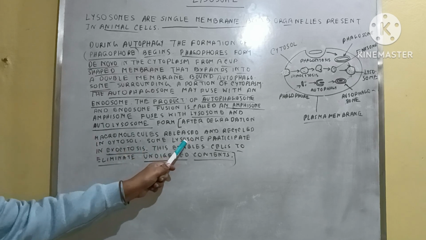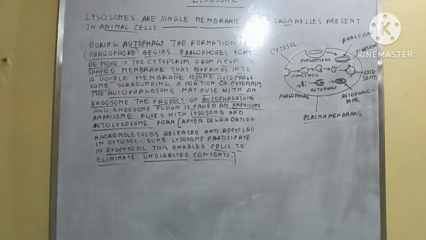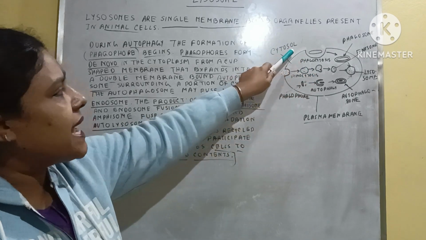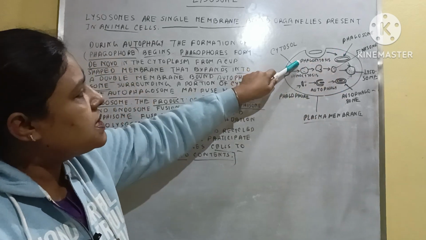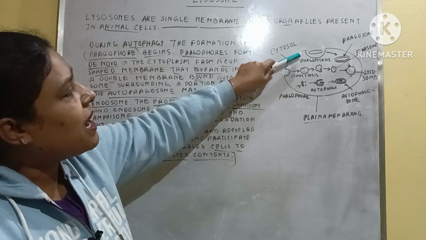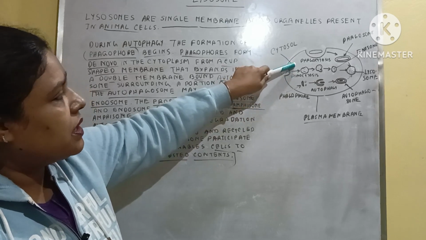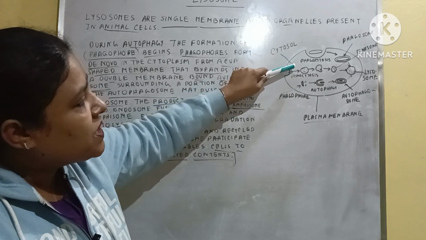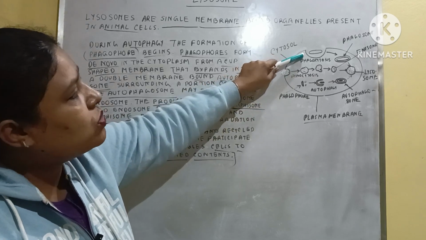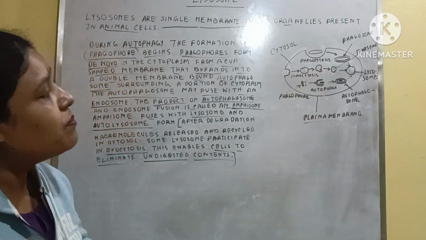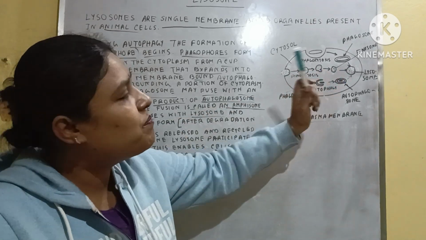This is the rough structure of the cell: this is the cytosol, this is the plasma membrane. Here I have drawn the three pathways showing how the lysosome helps in the digestion of materials.